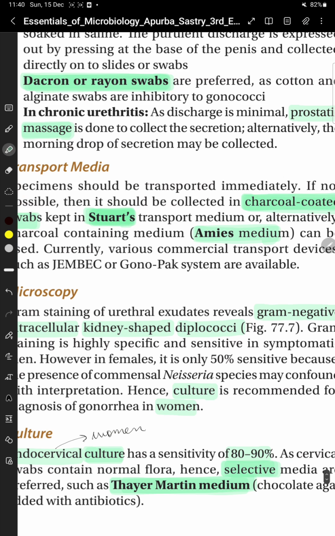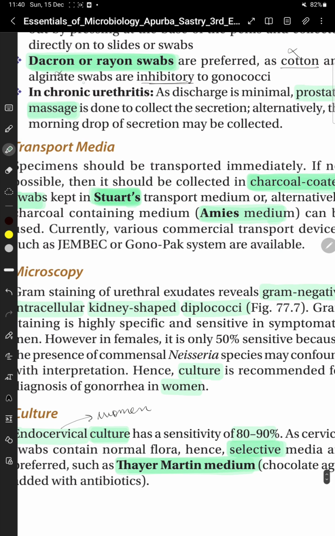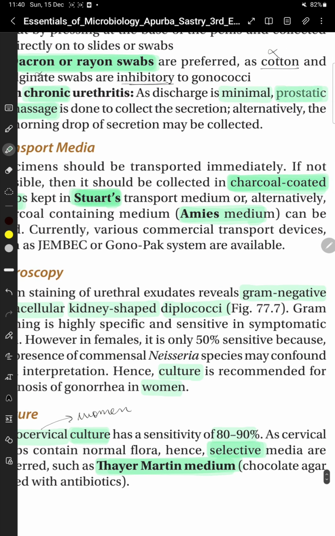Cotton swabs are not preferred, because cotton and alginate swabs are inhibitory to gonococci. For chronic urethritis where the discharge is minimal, we need to do prostatic massage to collect the secretion.